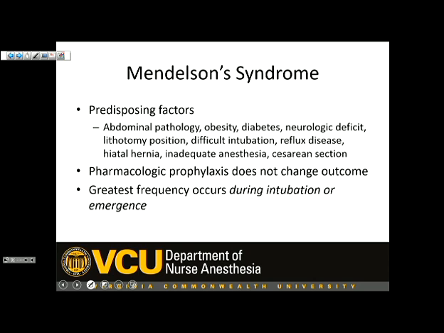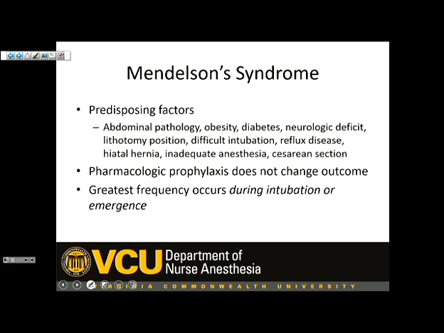Those are listed. If they have a big belly, ascites, more back pressure on the esophagus, the esophageal sphincter is more likely to be incompetent. Obesity. Patients with diabetes have gastroparesis problems, so there's likely more volume sitting in their stomach. Obviously, patients with neurological deficits, etc. I think a lot of these are somewhat intuitive. Hiatal hernia, obviously there's stuff up under the diaphragm.